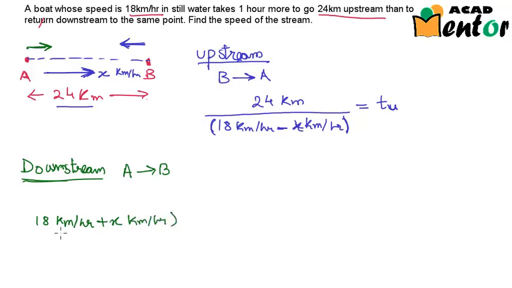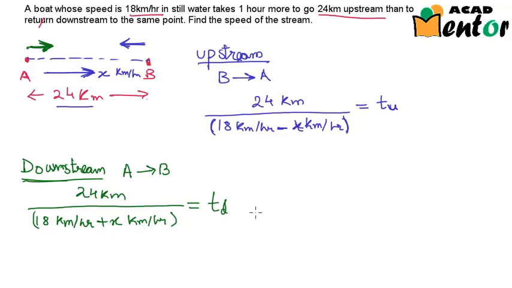We can observe that x is being added to the actual speed of the boat in still water, because the stream is assisting the motion of the boat and not opposing it. The total distance this time is also 24 kilometers. So the time taken by the boat to travel downstream, or TD, is given by 24 by 18 plus x.